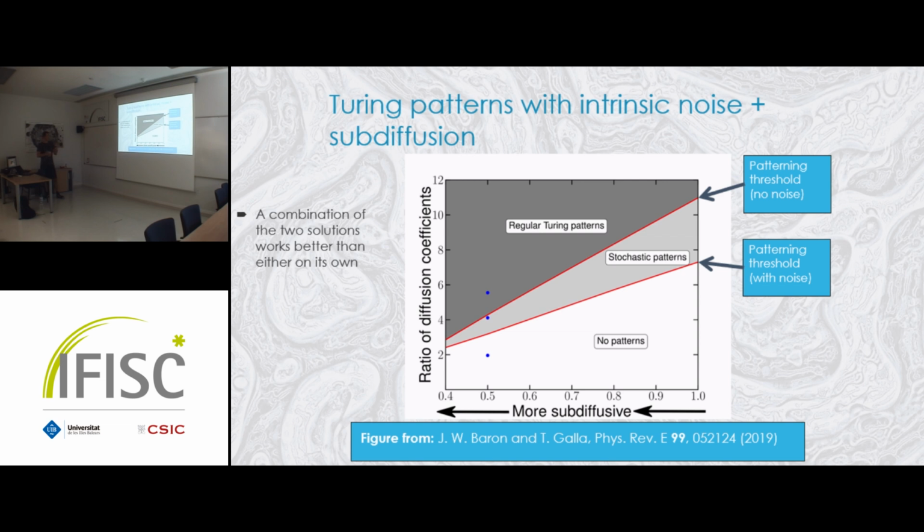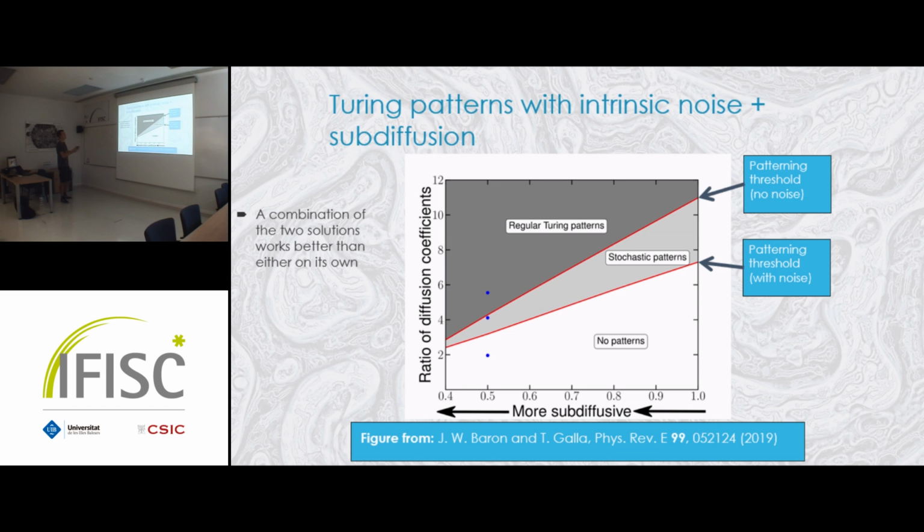Remember, the fine-tuning issue is that you need very different diffusion coefficients for patterns to form in Turing's original model. So this would be Turing's original model here, just the normal reaction-diffusion equations with no noise and no subdiffusion.